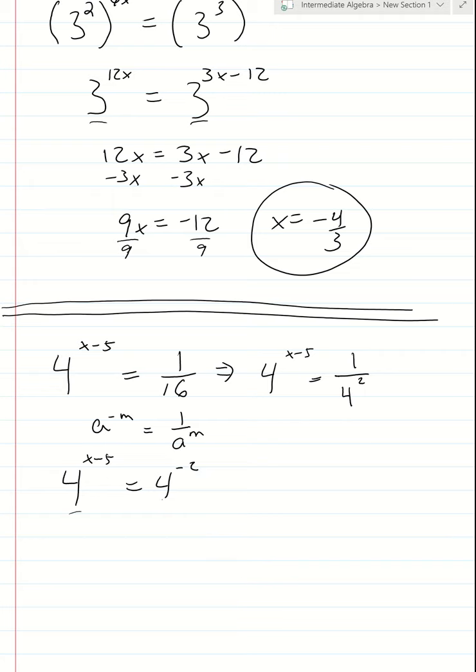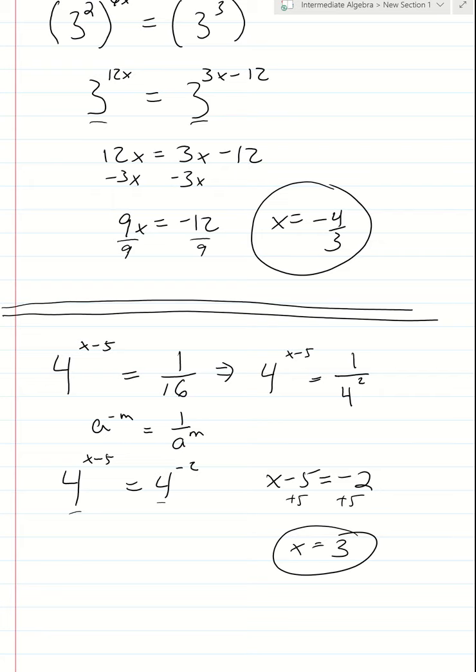Except now we have the same base. It is a positive base, and it's not the number 1, in which case we no longer even need to worry about the bases. We're going to take the exponent of x minus 5, and set it equal to the exponent of negative 2, in which case now we want to solve for x. So I'm going to add that 5 over, giving us a solution of x equals 3.